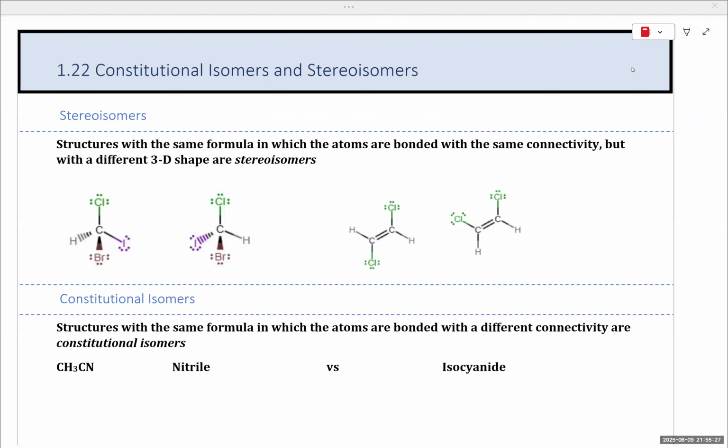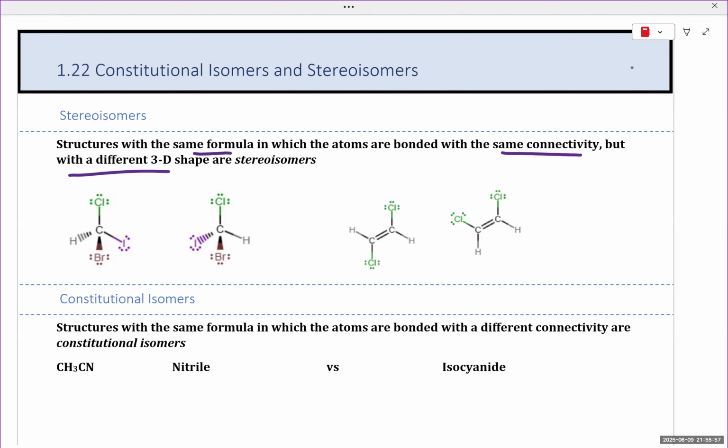So, continuing on with the Chapter 1 lecture for Chem 112, we're going to be discussing now constitutional isomers and stereoisomers. So, stereoisomers are structures with the same formula in which atoms are bonded with the same connectivity but with a different three-dimensional shape.